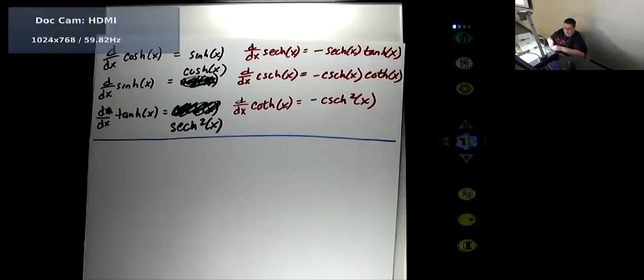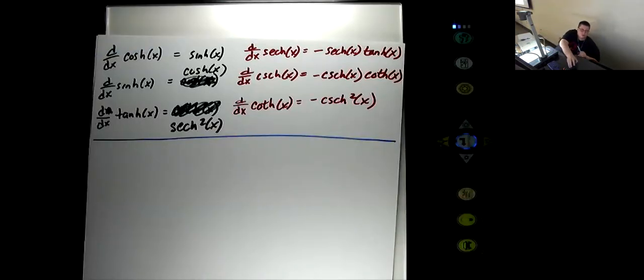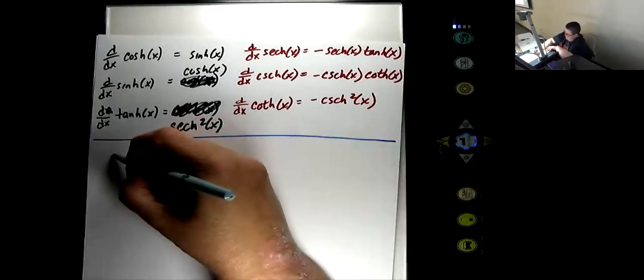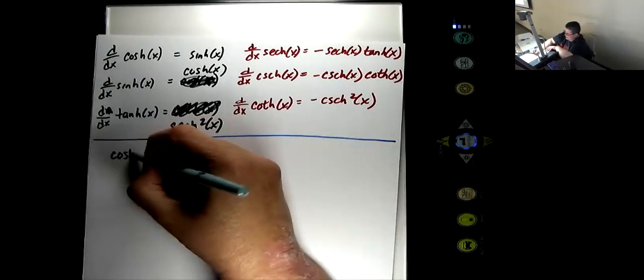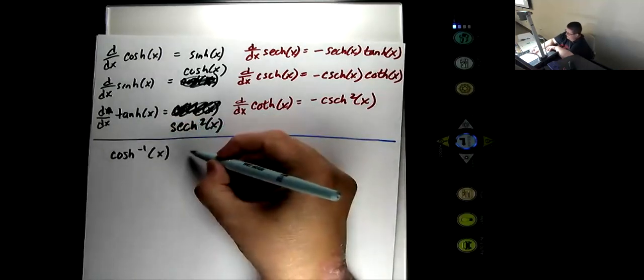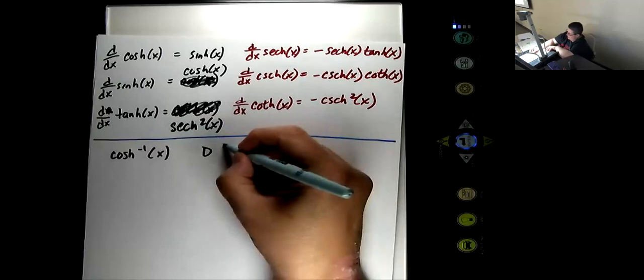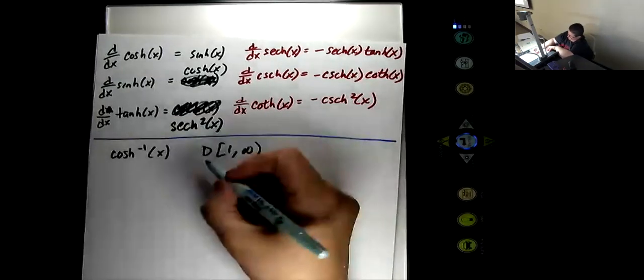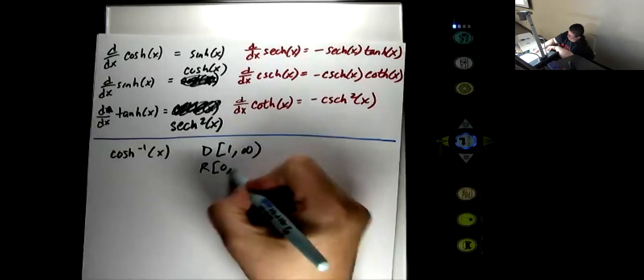So we showed this pictorially. So cosh inverse of x has a restriction. The domain is going to be 1 to infinity, and the range is 0 to infinity.